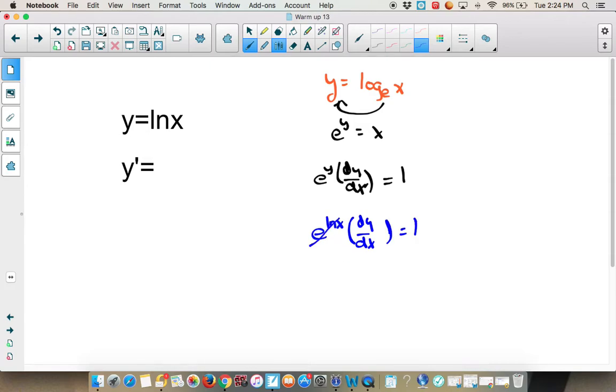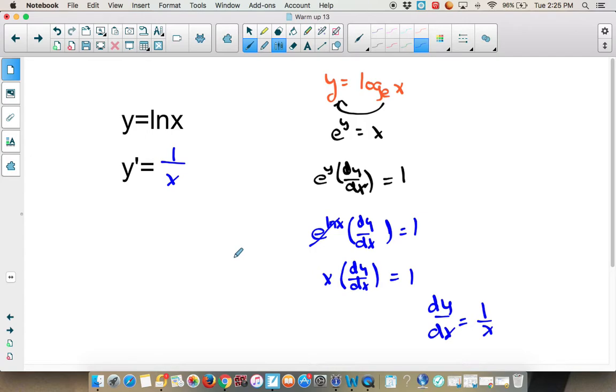Well, e to the ln x reduces to just x. So x times dy dx equals 1. Divide the x over to the other side, and the derivative is 1 over x. This is why this is true. So it's easier to just memorize that the derivative of ln x is 1 over x.